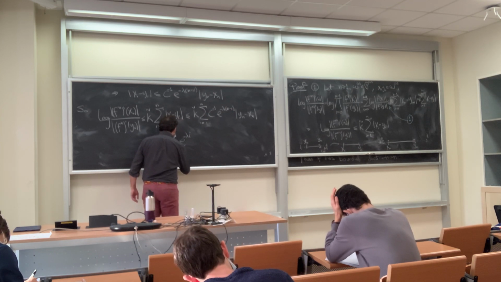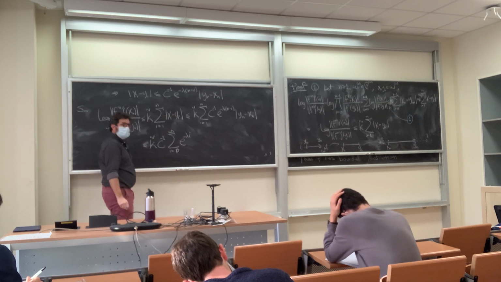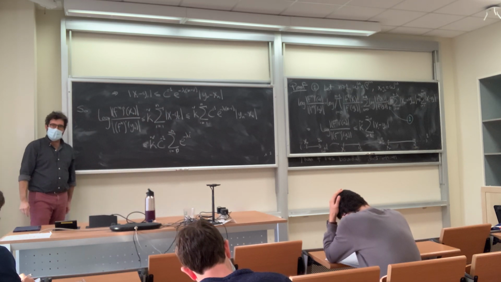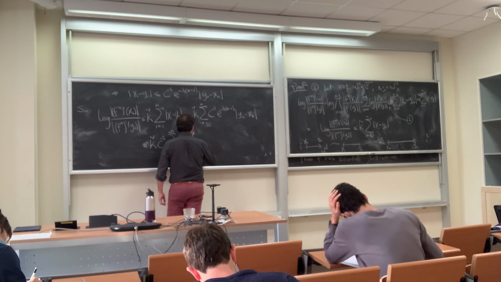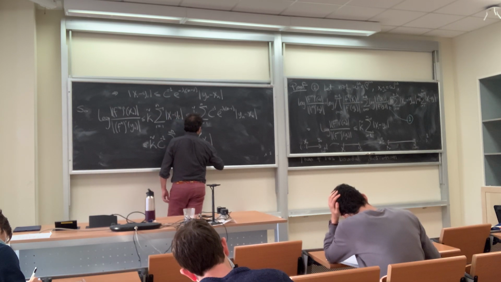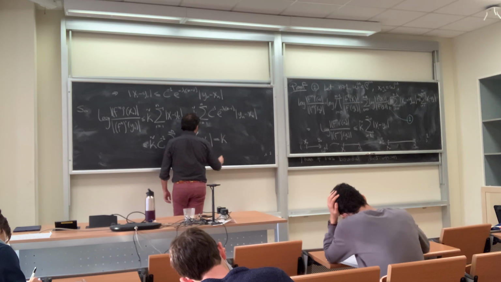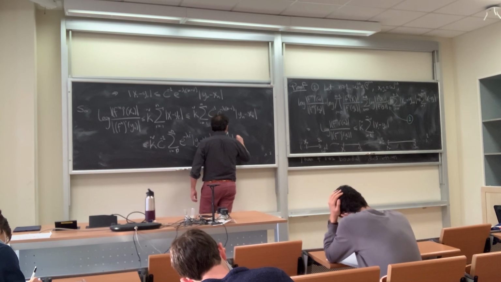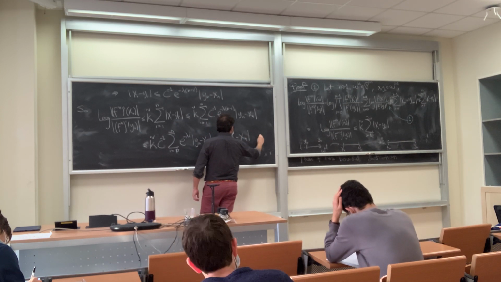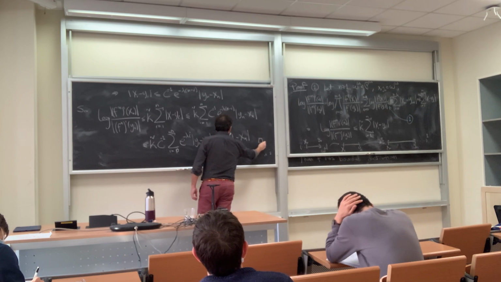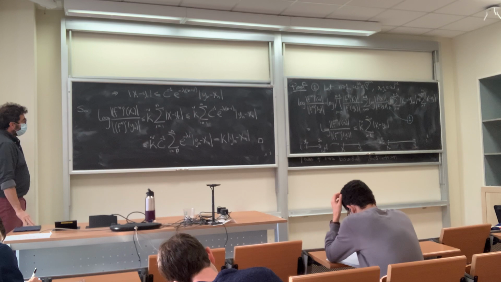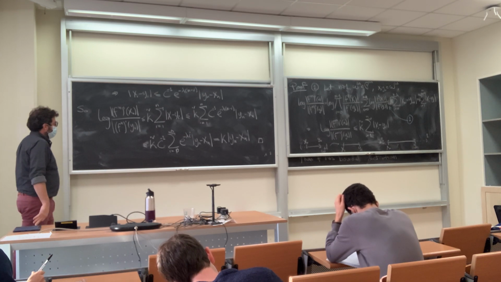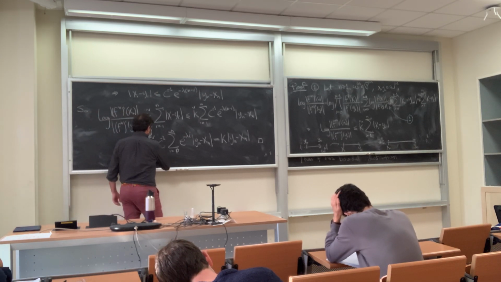So this is just from i equals 0 to infinity of e to the minus lambda i, times yn minus xn. Okay, which we define as k.